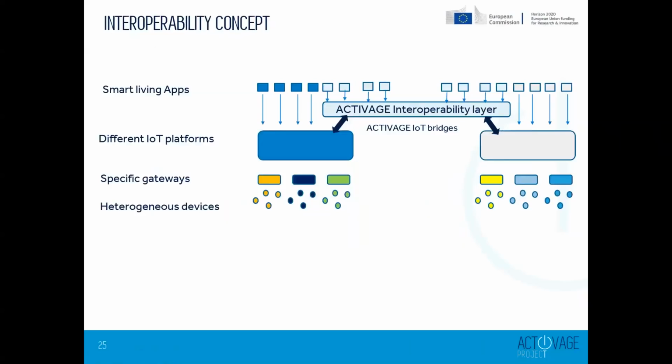In order to avoid silos of applications specific to a given protocol, we want to federate all these different IoT platforms, and on top of this ACTIVAGE interoperability layer, applications, once built, can be seamlessly and transparently deployed and used in other deployment sites.